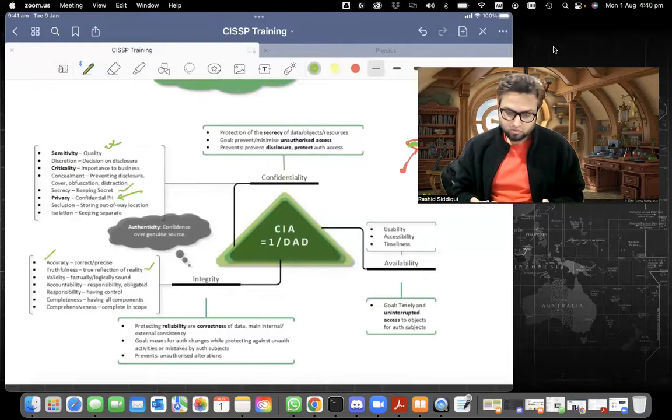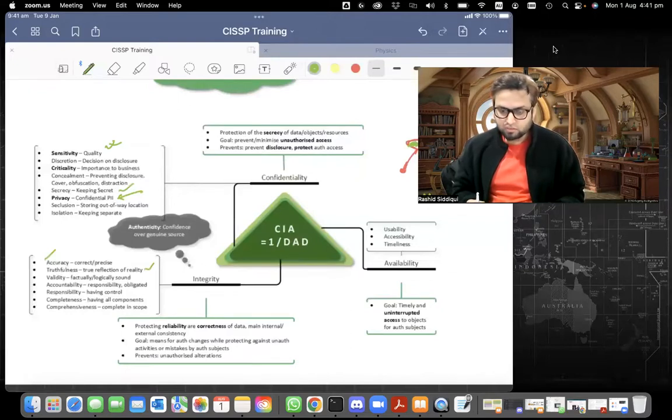Accountability is a term which is used to show the responsibility and the person who is obligated to carry the integrity of the data. Responsibility is having control. Completeness, that is, if we are talking about data which is derived from different data sets, every data set has to be complete to provide the correct picture of the data, right? Or it should be truthful, like it should reflect the reality. That's called completeness.